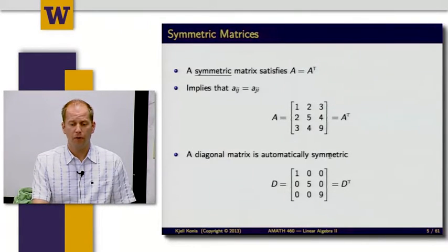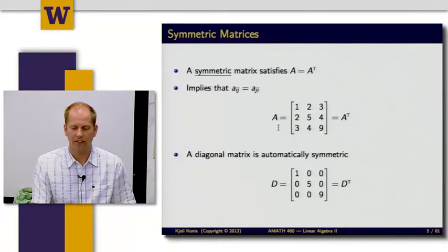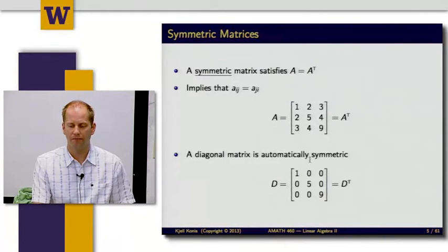And then an even more special case of symmetric matrices is a diagonal matrix. A matrix is diagonal if only the diagonal elements are non-zero. So any element A_ij, where j is not equal to i, has to be equal to 0.